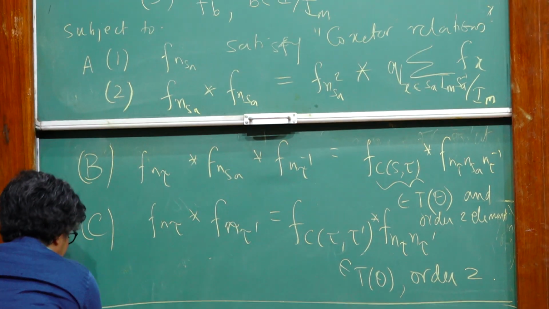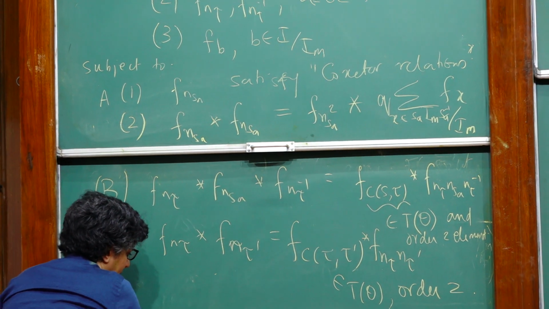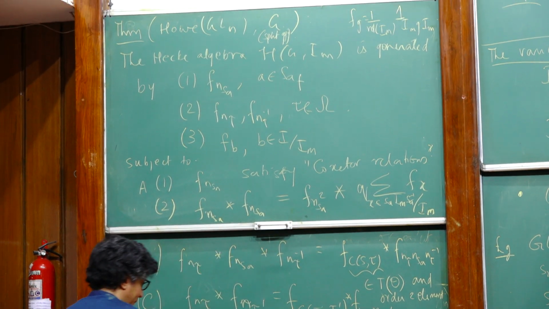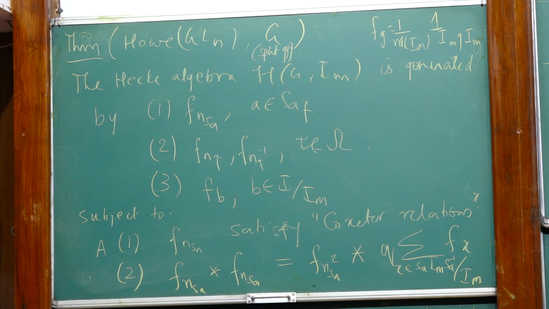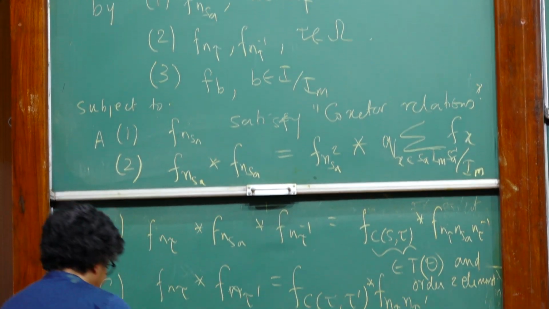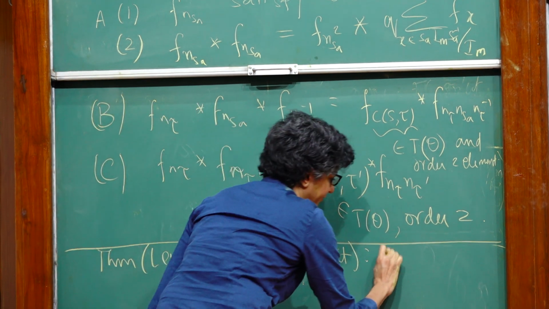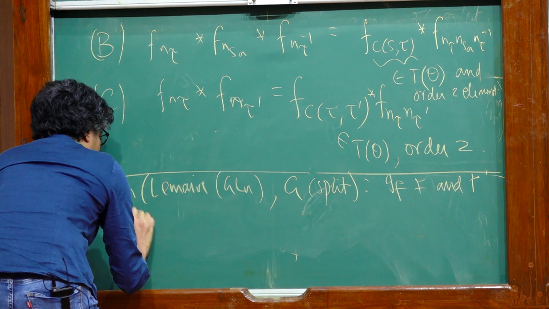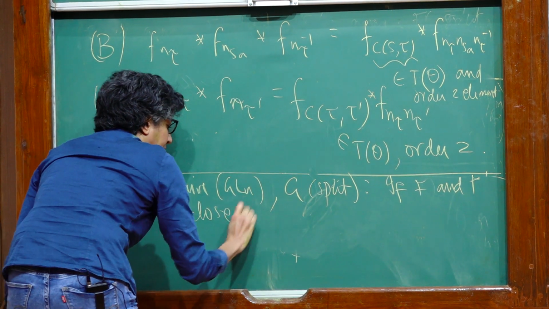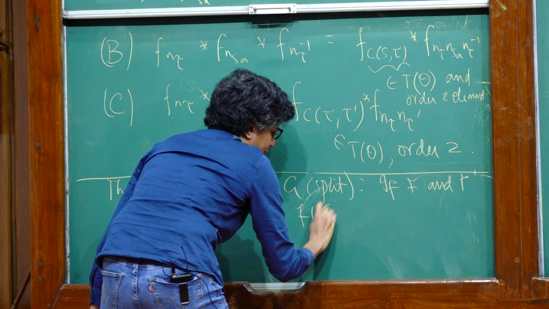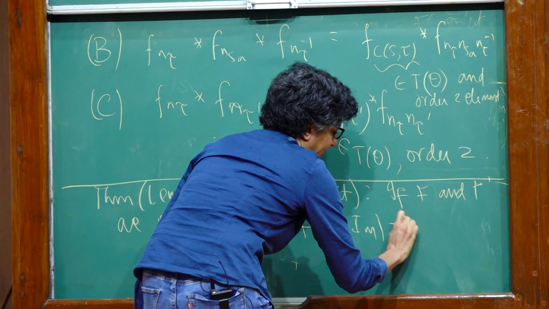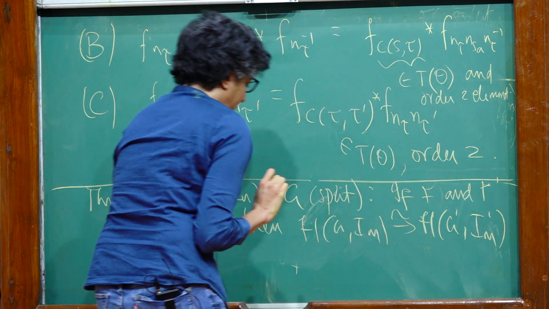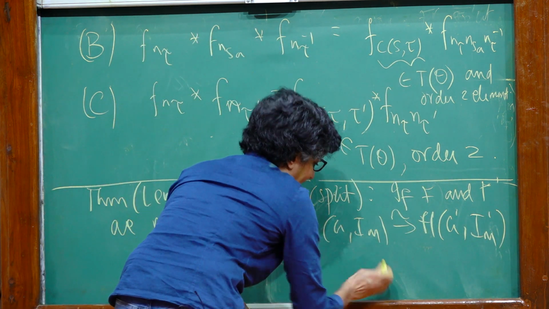And then the theorem, which is due to Lemay for GLn, and then I did it for split groups, is that if F and F prime are close, then H of G, IM is isomorphic as algebras to H of G prime, IM prime, provided that it in fact matches these generators.